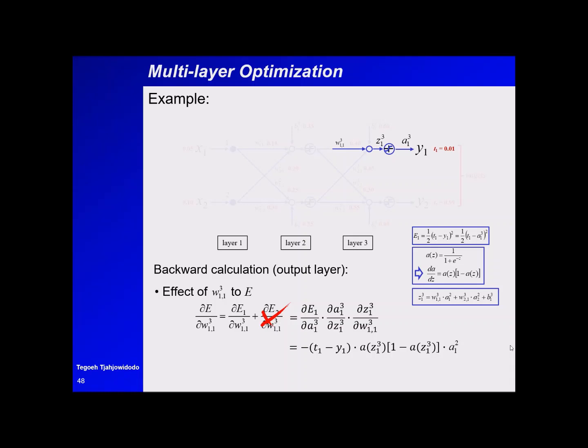So you calculate this value and then you can update W113 using this value. Just considering the learning rate, you have to update it with minus alpha, the learning rate, times this value. And then you can update W113. If I calculate it properly, then this will be the updating factor of W113.